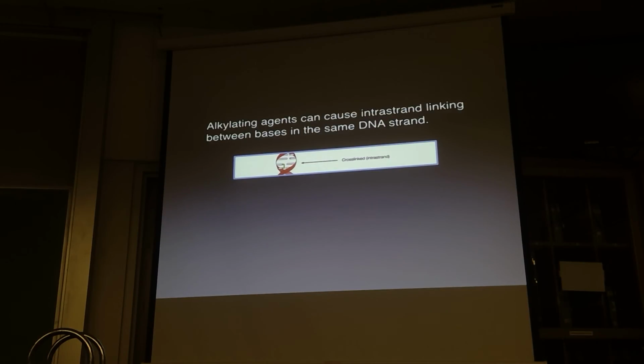When that DNA replicates, instead of having two bases that code for two complementary bases, that thing that's stuck together is going to encode one. What kind of a mutation is that going to cause? Where two bases are now going to encode one complement instead of two. A deletion. So alkylating agents can cause deletion type point mutations.